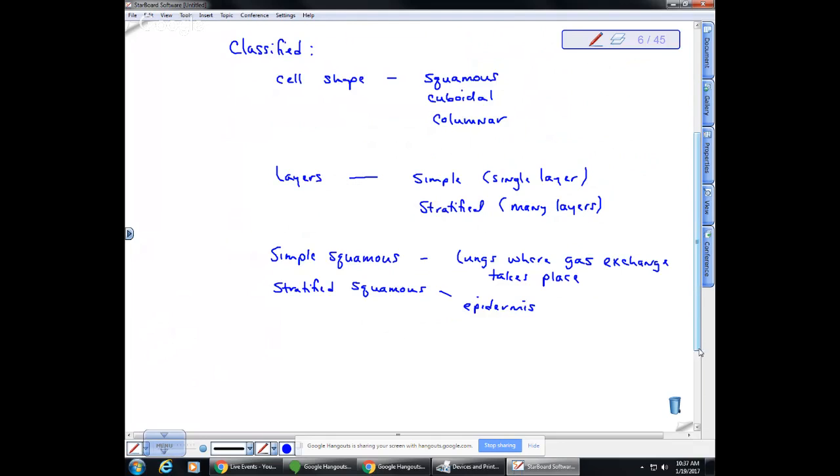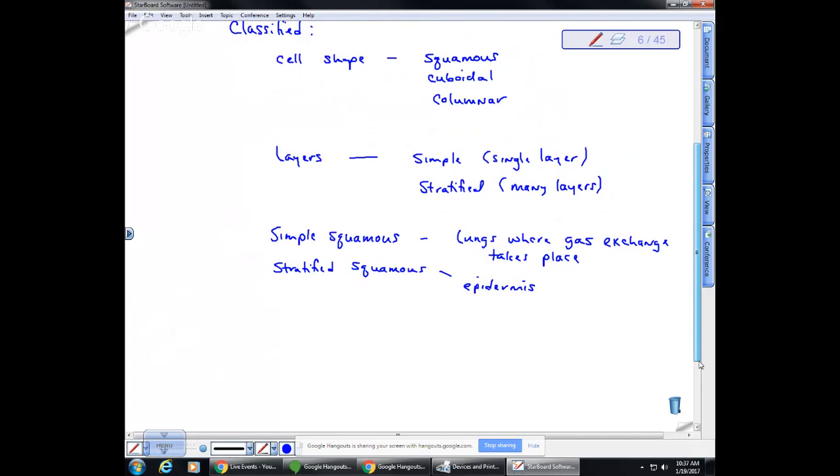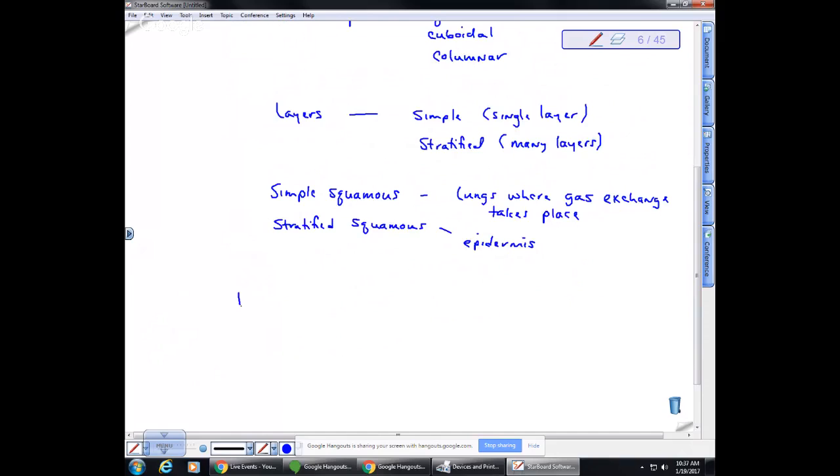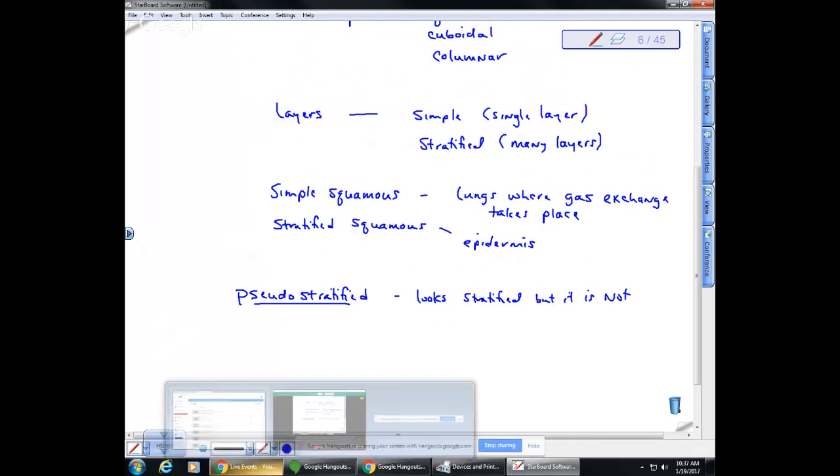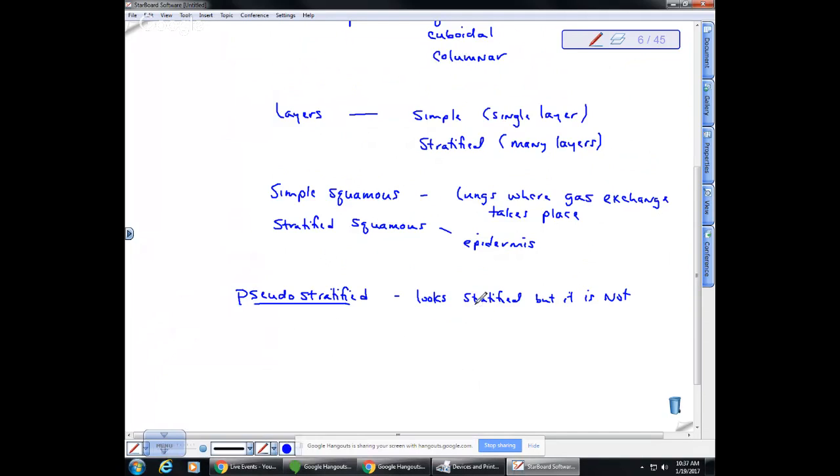Now there is another example of a layer that is referred to as pseudo-stratified. And so pseudo means false. And so this means that it looks stratified, but it's not, okay? So for example, when we look at our trachea, this is the place where we see this type of cell.